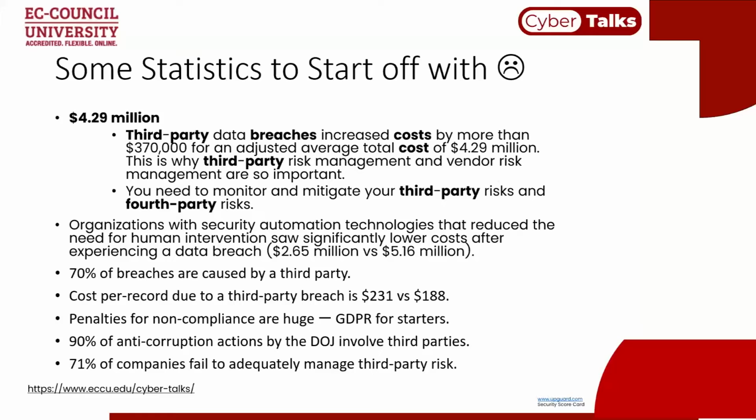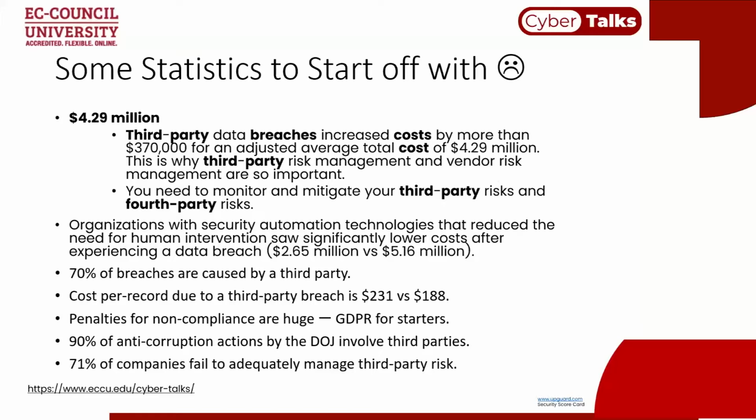The cost per record due to a third-party breach is a lot more expensive than an internal breach at $231. And then, of course, if you have a breach that has a lot of other additional data that comes under GDPR, then you'll also have additional penalties for non-compliance.